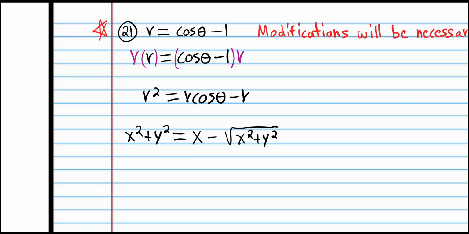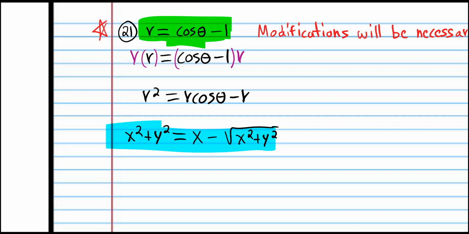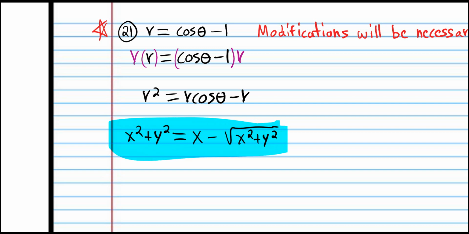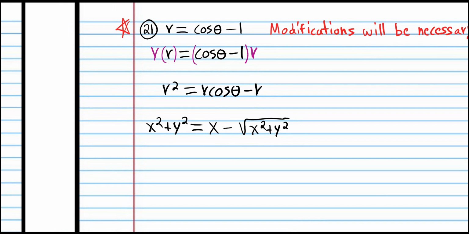If you were to graph this equation and then graph this equation, the green equation would give you some sort of a shape, but the blue equation would do nothing. There would be nothing on the window. And that's because this equation just doesn't work. There are very few x and y values that you can plug in to make that equation true.